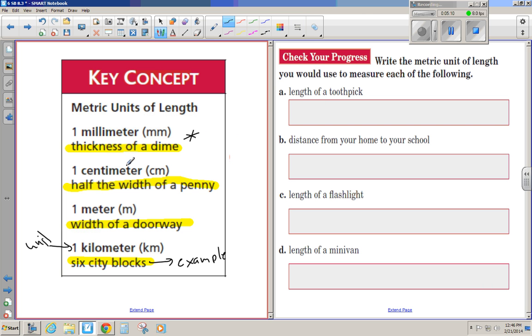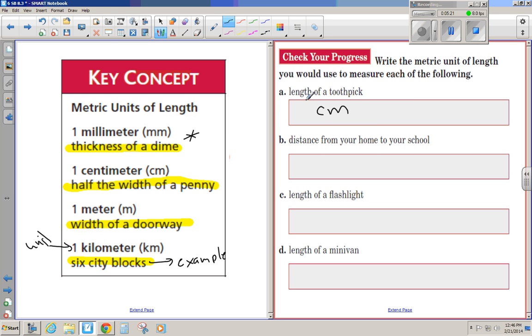The length of a toothpick is much greater than the thickness of a dime, but is longer than the width of a centimeter. So centimeters would be the best choice for this.